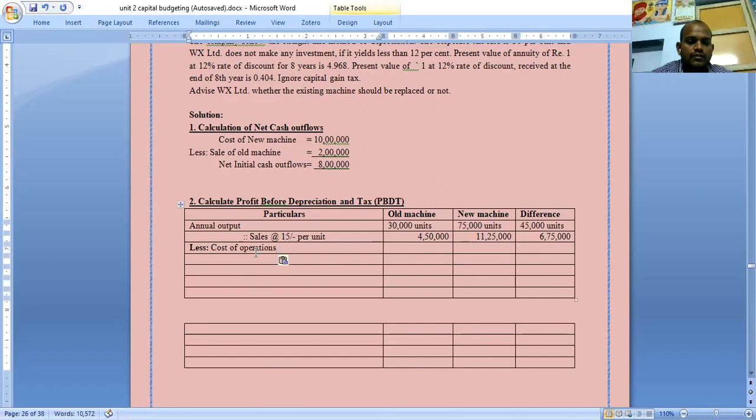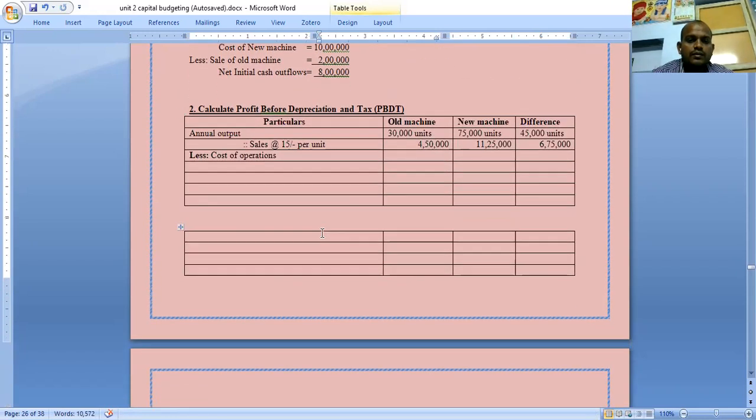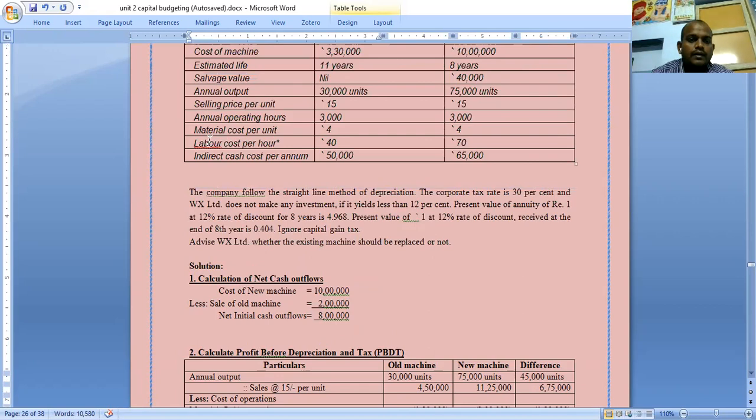Less cost of operations. First one, material, at the rate of 4 rupees into 30,000. The second one is labor.